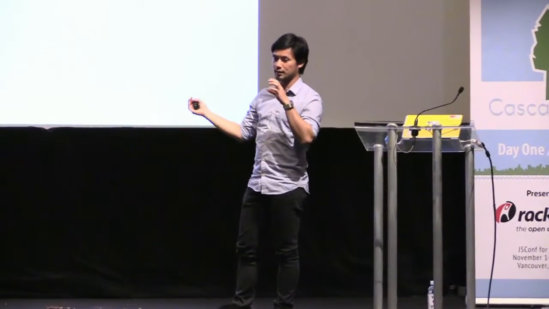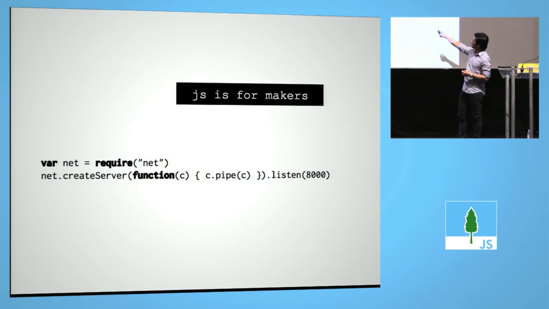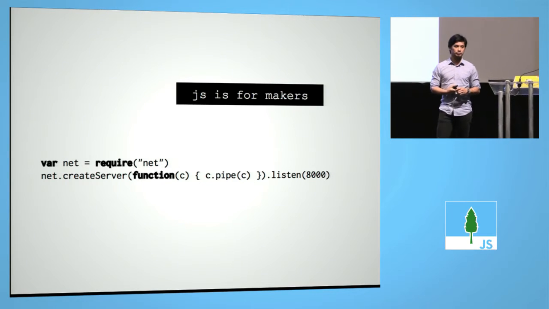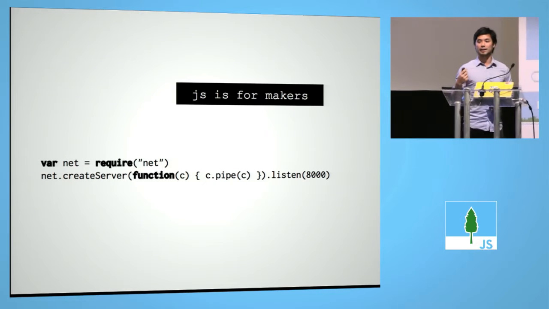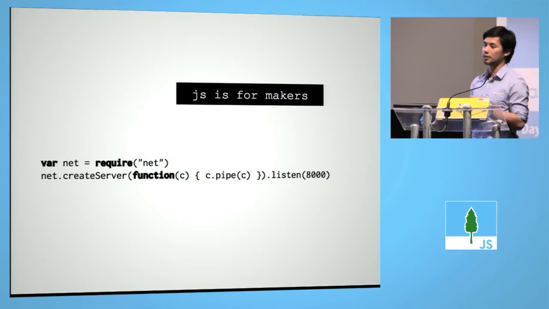And any clients that connect to this server, like on port 8000, get turned into a client socket and passed into that callback. So c is basically a handle to the client socket. And what we're doing is just piping the output back into its input. So we're just echoing back.